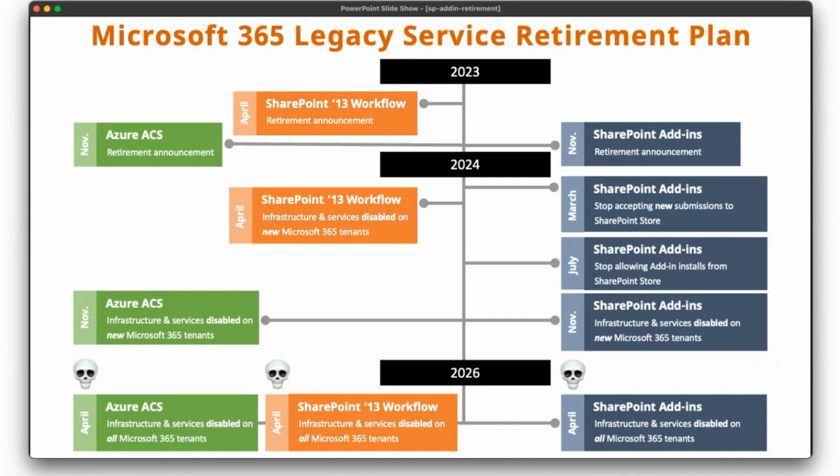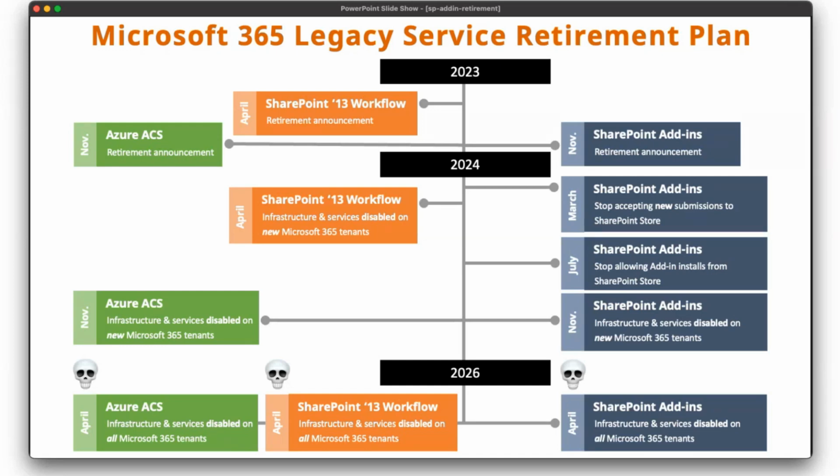And that is if you don't already have a Microsoft 365 tenant. If you go to create a brand new Microsoft 365 tenant with SharePoint Online after November of this year, they haven't said a specific day or time, but let's just call it December the 1st. If I go to create a brand new tenant, I will not have the infrastructure that supports and implements SharePoint add-ins and Azure ACS.